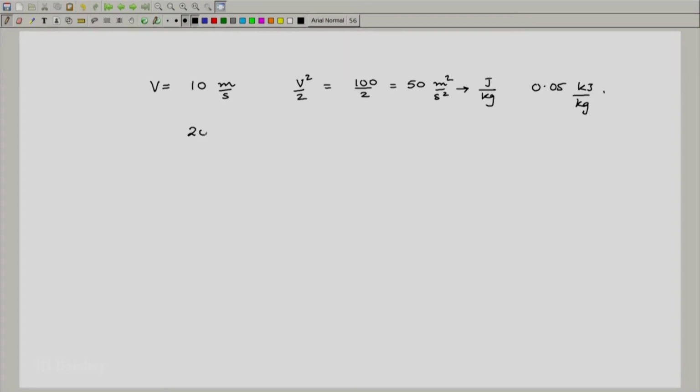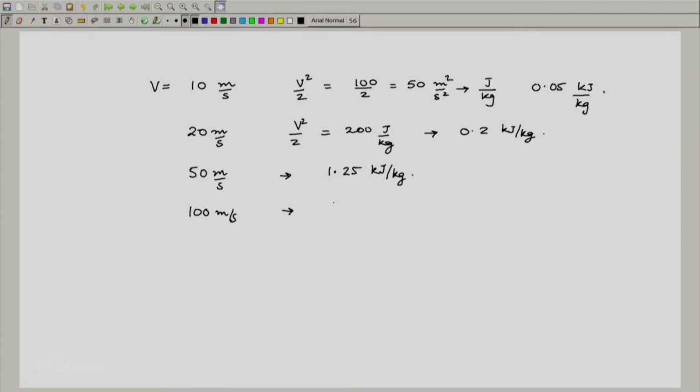If you go to 20 meters per second, well, V squared by 2 is 200 joule per kg, which is 0.2 kilojoule per kg. If you move to 50 meters per second, this would be 1.25 kilojoule per kg. If you move to 100 meters per second, this you would move to 5 kilojoule per kg.